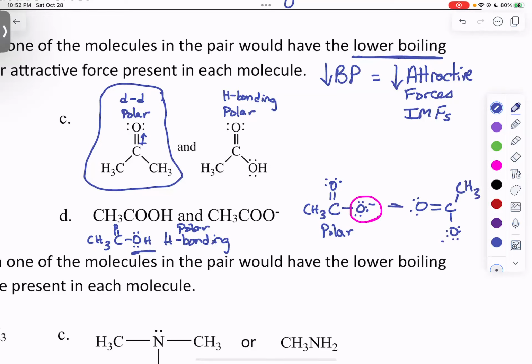So this interaction can happen where you have a negative charge and something polar. What do we call that? We call that ion dipole. So what's weaker, hydrogen bonding or ion dipole? Hydrogen bonding, definitely weaker.